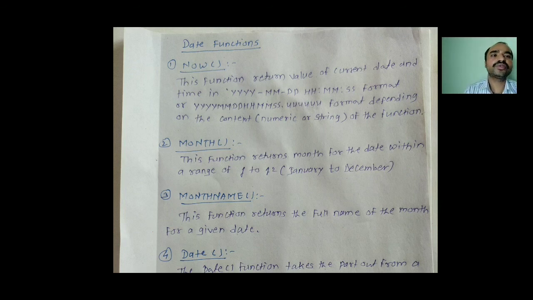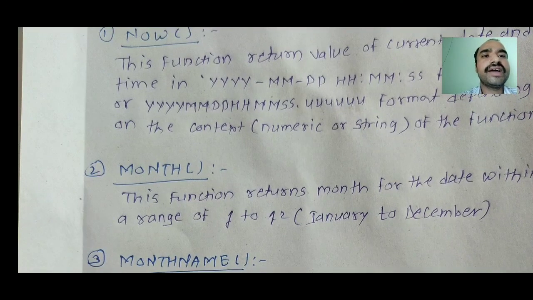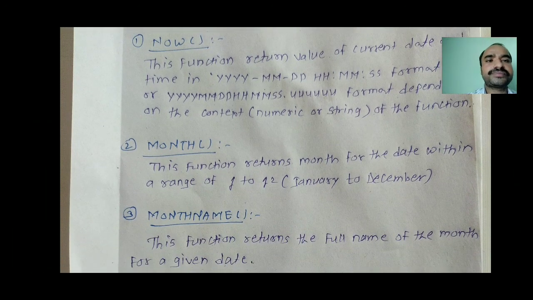So it is called a string format. And the number format is the same. In the next line, YYYYMMDDHHMMSS format. That means it is a number format.